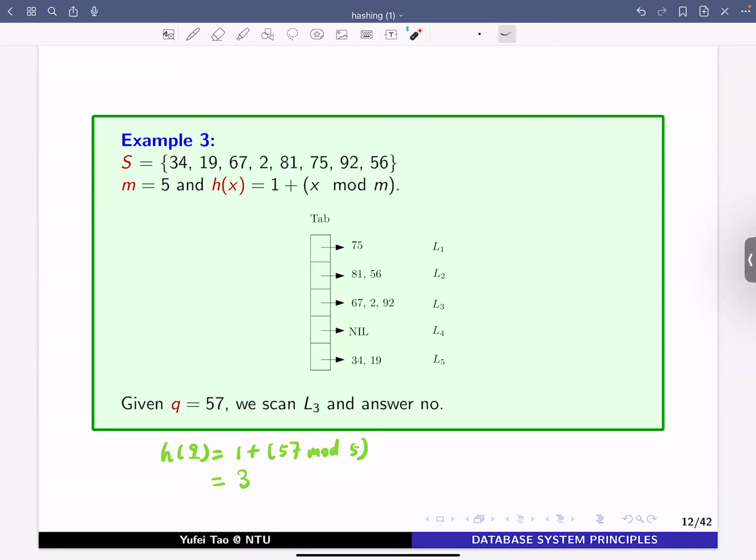So you might want to ask, how do we know which block contains the address for bucket number 3? Well, you do because the hash table is stored in consecutive blocks. And you also know how many addresses fit into one block. So now you can do the math, right?